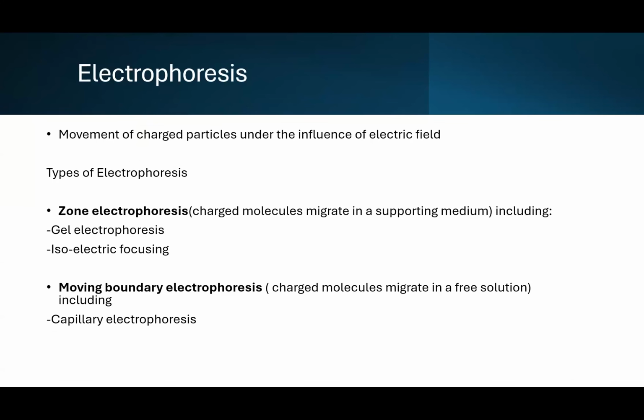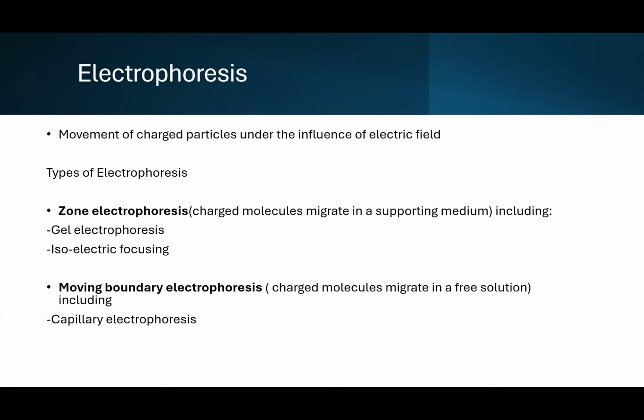Okay, so what is electrophoresis? We know it is simply the movement of charged particles under the influence of an electric field. And we have two types of electrophoresis. You might see different types depending on where you're reading, but I think the main two categories are, first, zone electrophoresis, where charged molecules travel in a supporting medium.